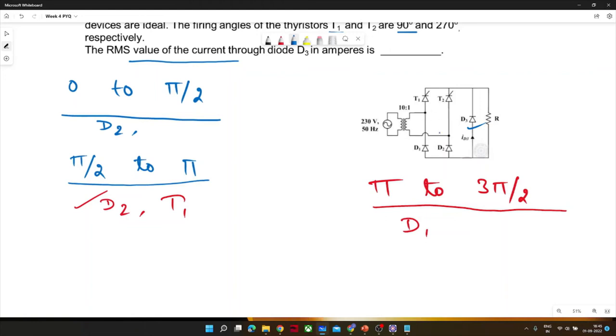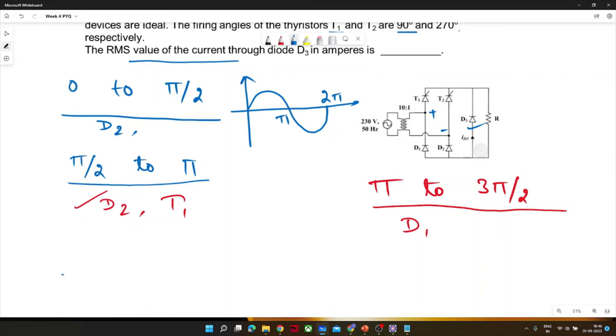See, if this is a sinusoidal source, it would have some positive time and some negative time, till pi and till 2 pi. For 0 to pi, this terminal would be positive. And if it is positive, the thyristor is in forward blocking mode, or it can also conduct if we give a trigger to the thyristor during this period.